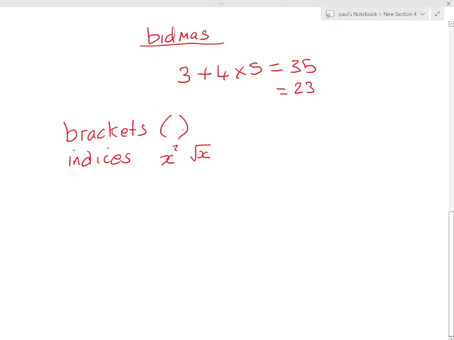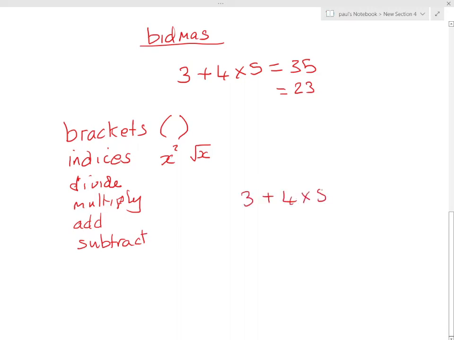So once we've got rid of any brackets, we look for indices to get rid of. And the others are nice and easy because that's divide, multiply, add, and subtract.